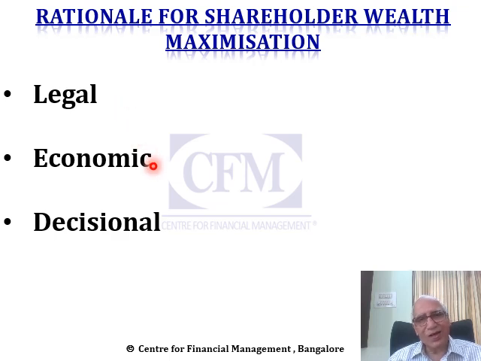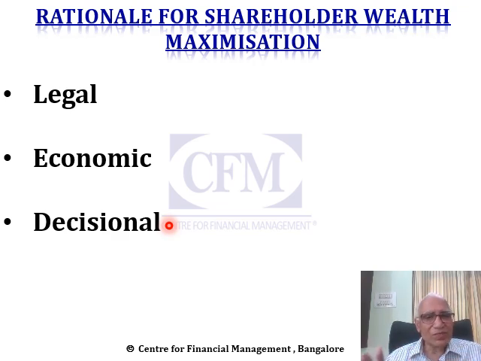The economic argument for shareholder wealth maximization is akin to the invisible hand argument of Adam Smith. According to this argument, when a firm maximizes the economic value for shareholders, there is efficient allocation of resources in the economy. The decisional argument says that if a firm has a single objective, it is run very efficiently.